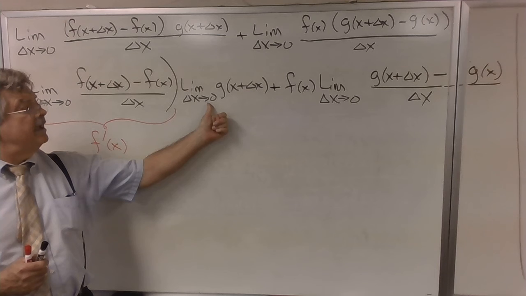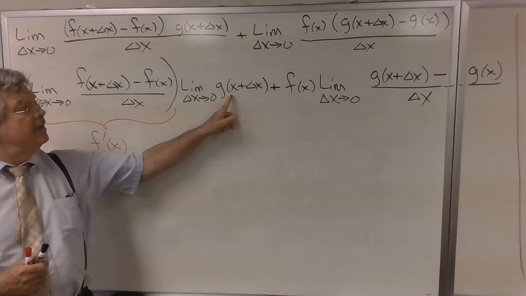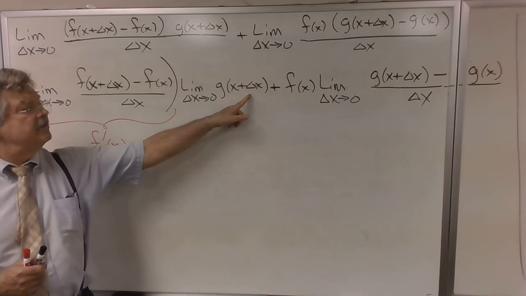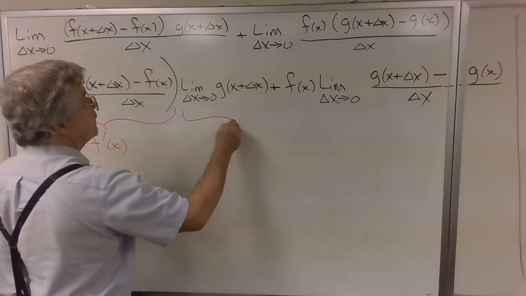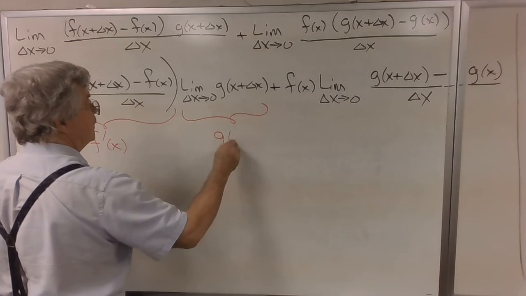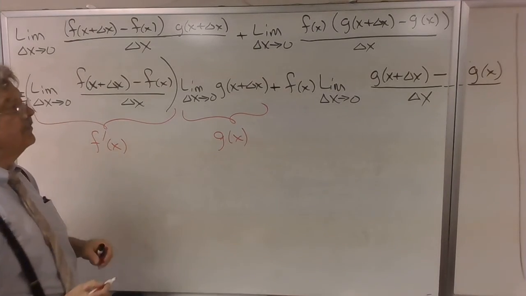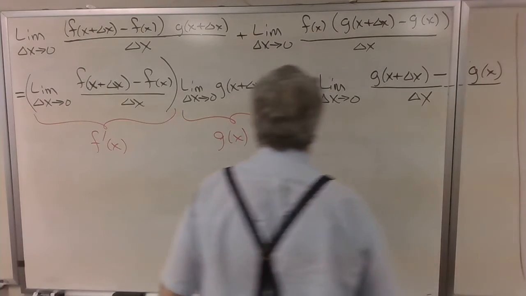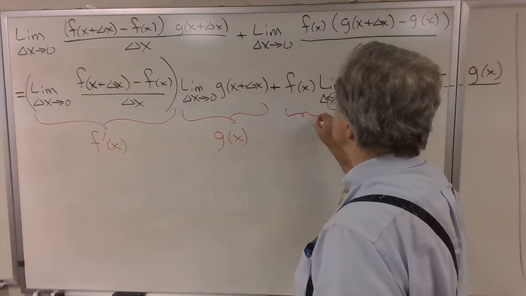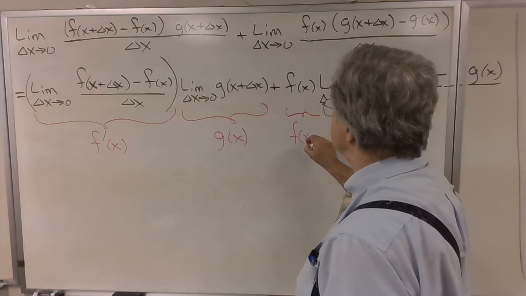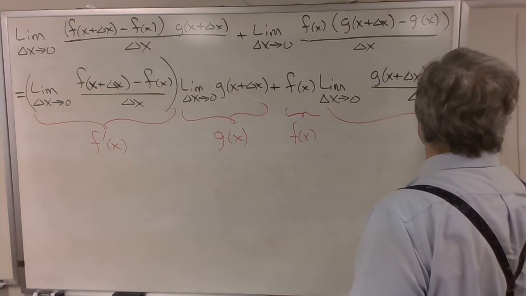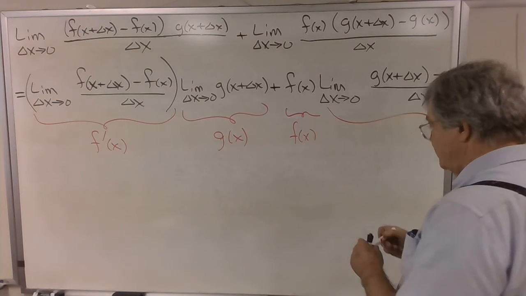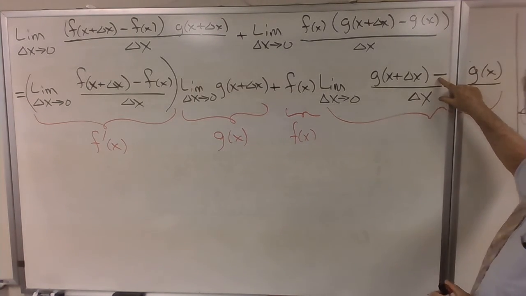So as delta x goes to 0, g of x plus delta x is going to go to g of x. And here's f of x. And this thing, do you recognize it?